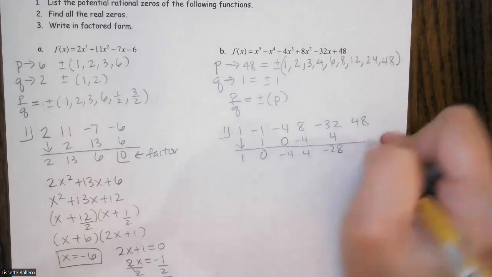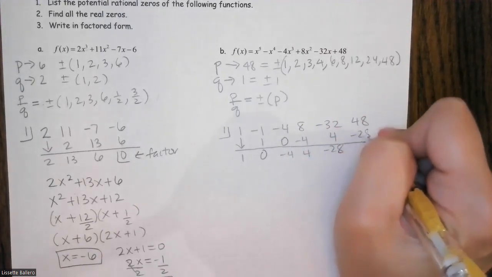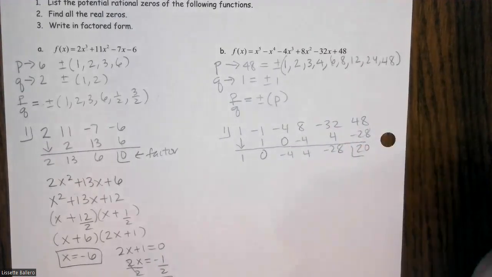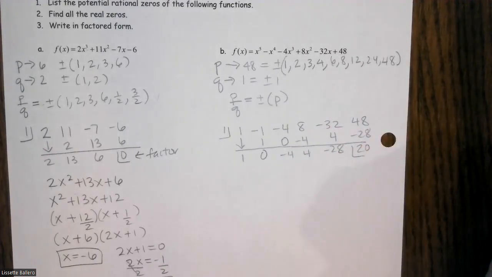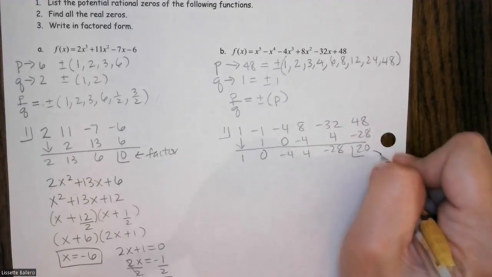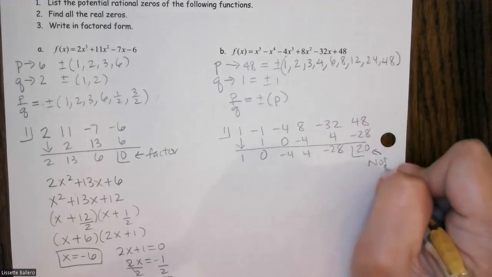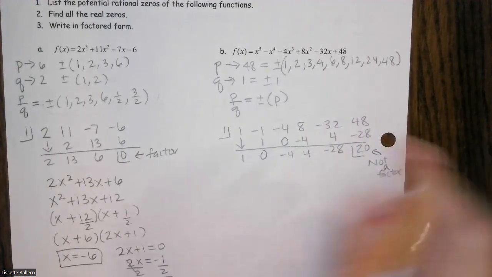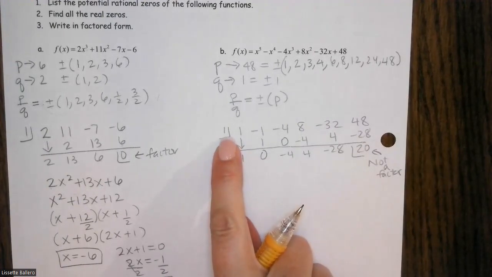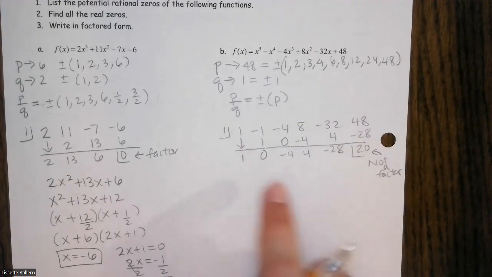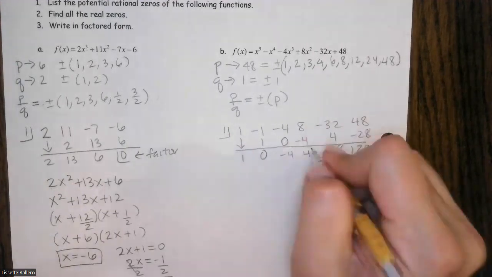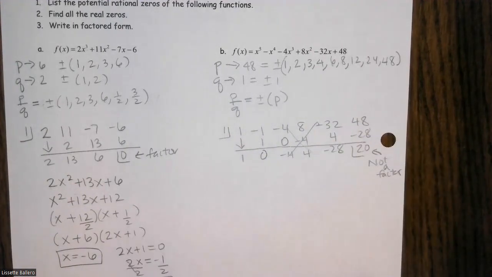And I keep going with that. And I get to this point. This has a remainder, so it is not a factor. That was a potential root, but it was not an actual root. So this one does not work. I would give up on this one and move on to the next one.